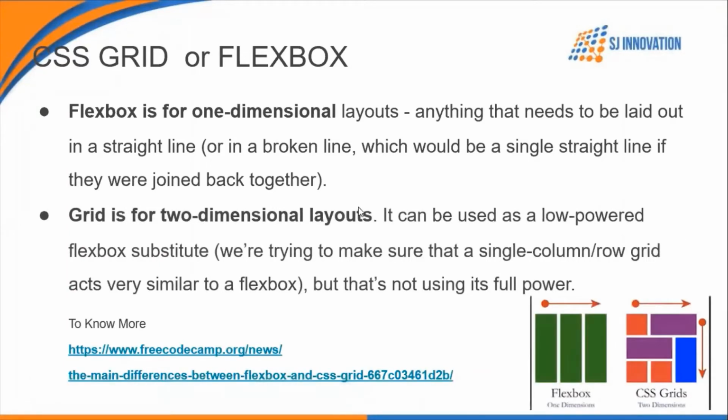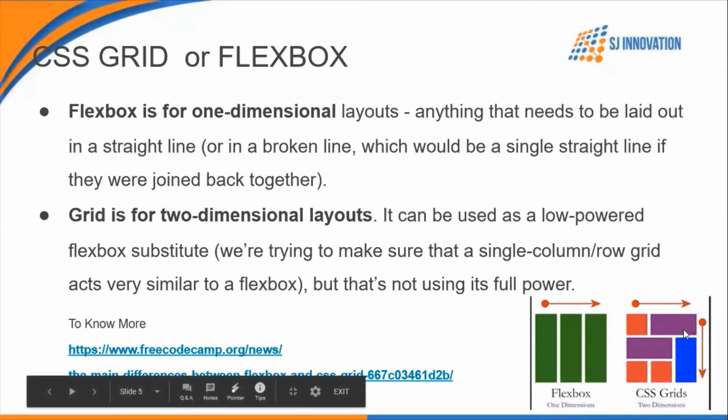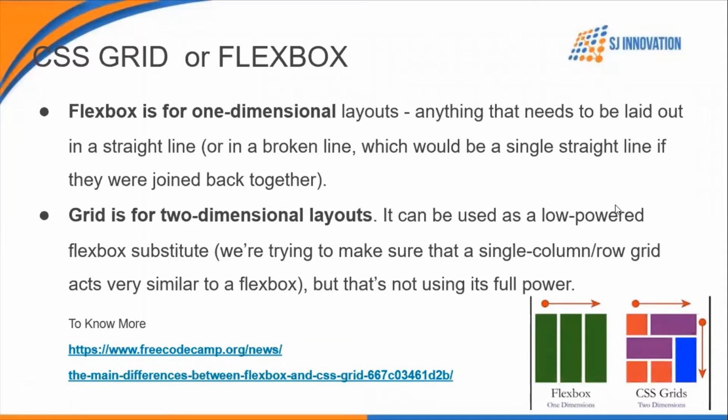CSS Grid or Flexbox. We already worked with Flexbox and Grid, and they have some basic differences. The big difference is that Flexbox is one-dimensional. Flexbox only works in columns or rows.